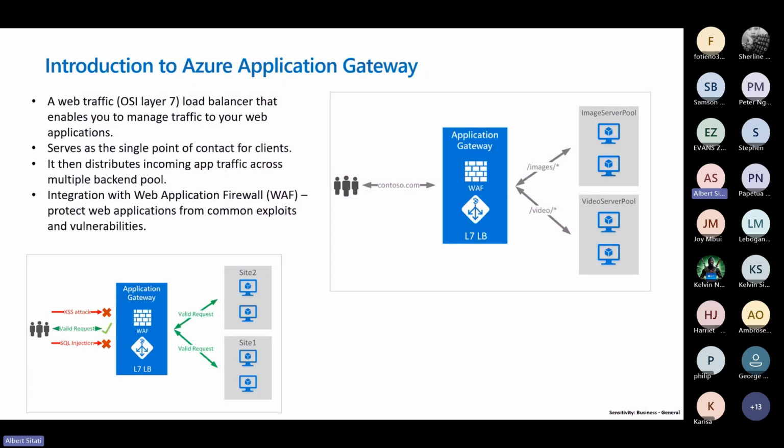Another good thing about the Azure Application Gateway, in as much as its core function is load balancing your traffic to the backend targets, is that it also integrates with the WAF, the Web Application Firewall.